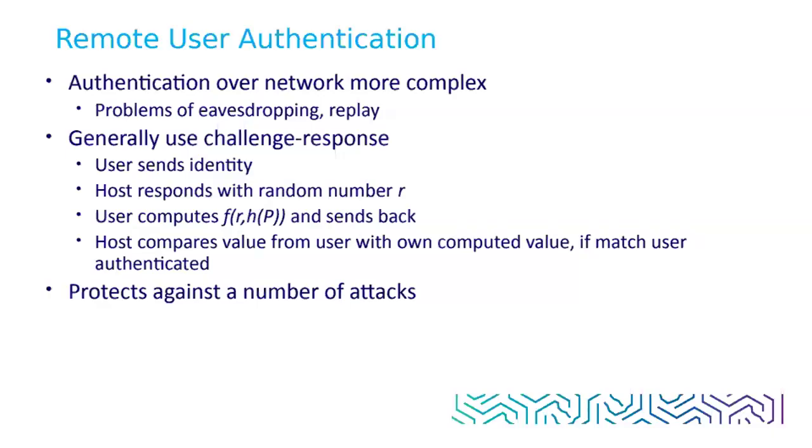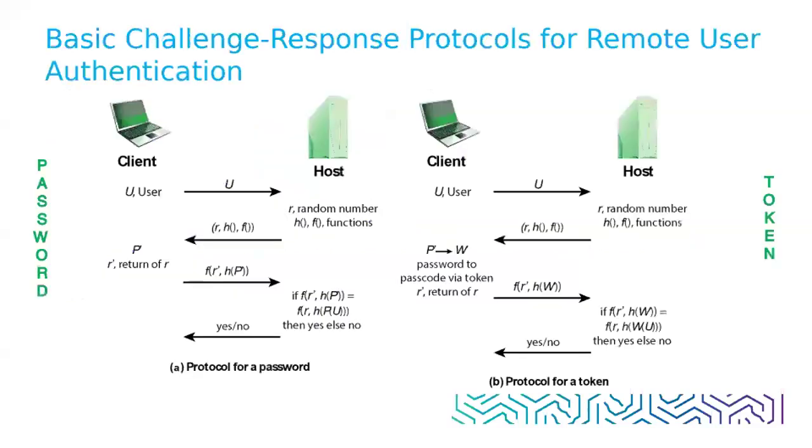Remote authentication is more challenging because the communication travels across the network. Attackers may try to intercept or manipulate it. So it is the process of verifying a user's identity when the user and the authentication server communicate over a network like the internet.